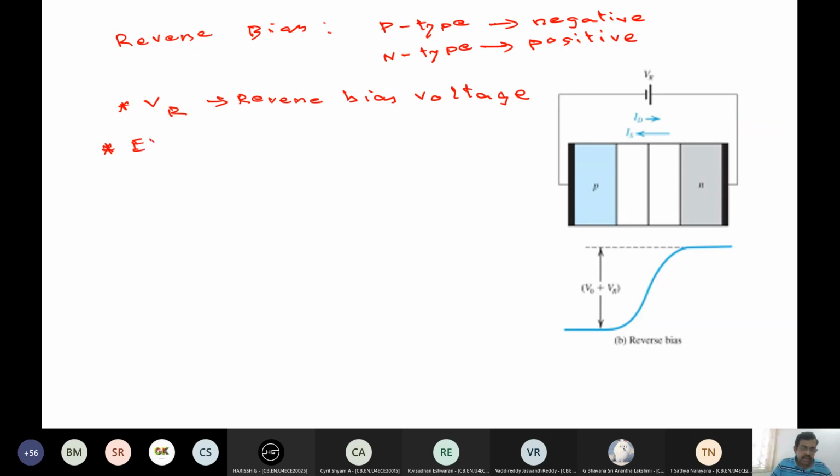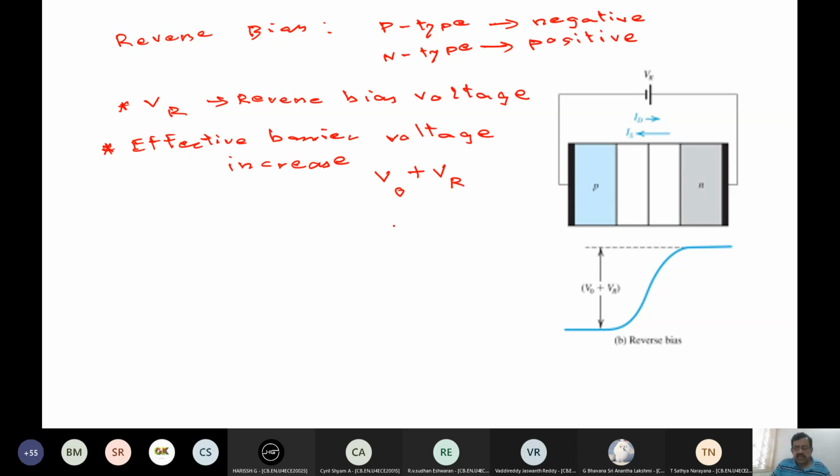That is the number one. Effective barrier voltage increases. Earlier it was only V naught under equilibrium. Now it has become V naught plus VR.